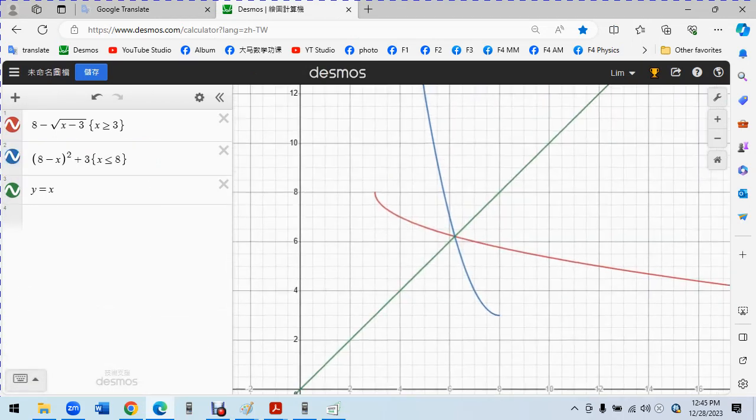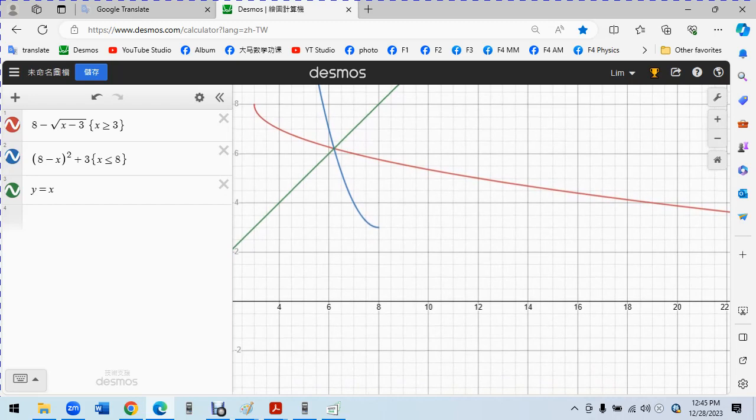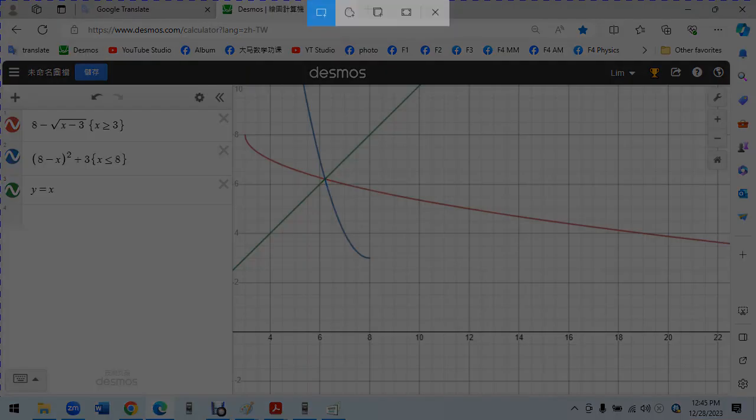So you can have a look here. You can see that it is reflected in the line y equal to x.